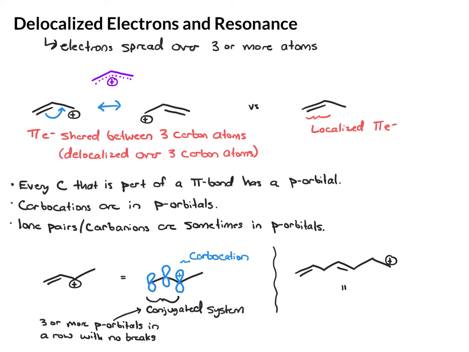Again, stick with your same sigma framework as in your original molecule. We have p orbitals for double bonds here, here, here, and here. So draw p orbitals on those carbons. Okay, we also have a carbocation at the end of the chain right here, so we'll draw a p orbital on that carbon.